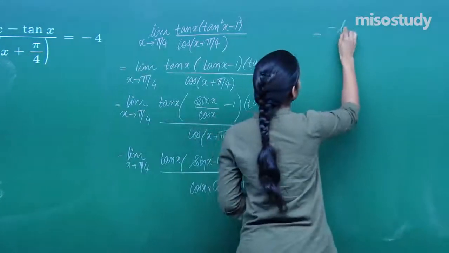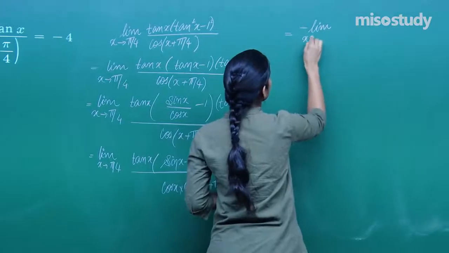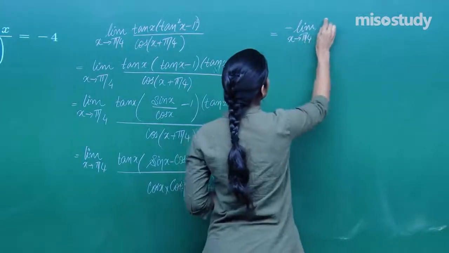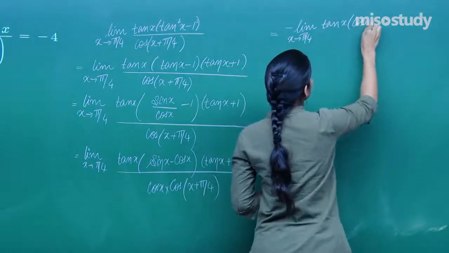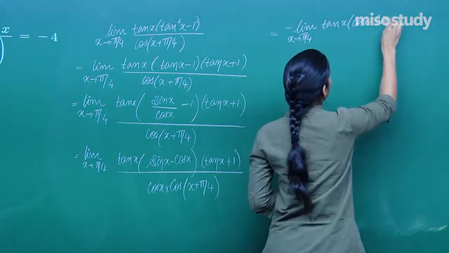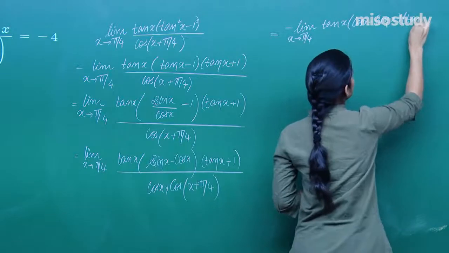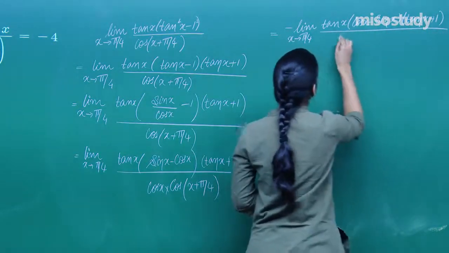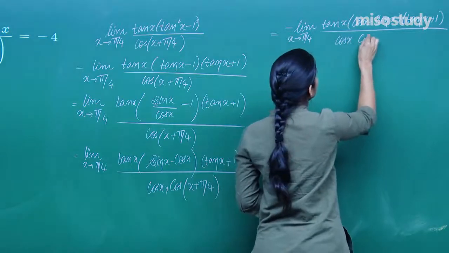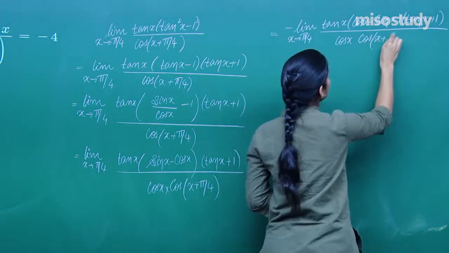So I will be having minus of limit x tends to pi by 4 tan x, cos x minus sin x, tan x plus 1, whole upon cos x into cos of x plus pi by 4.